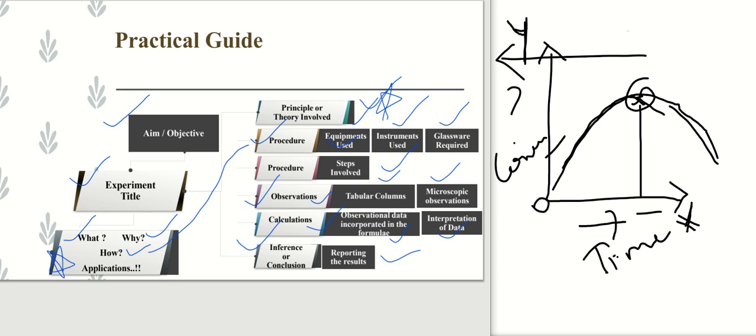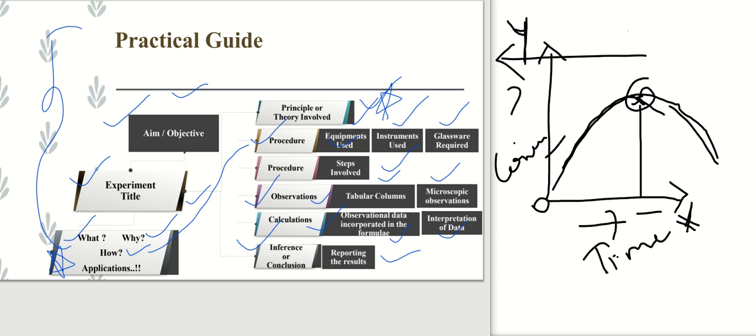So to carry out a practical, we need to follow all these steps. Then we can know that yes, the student has a good, thorough knowledge of the practicals. So for a practical to be done, all these steps are to be included.